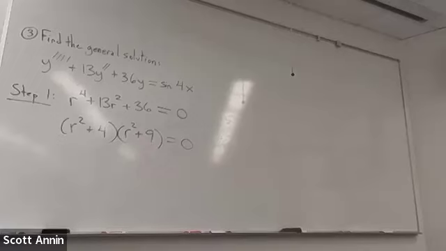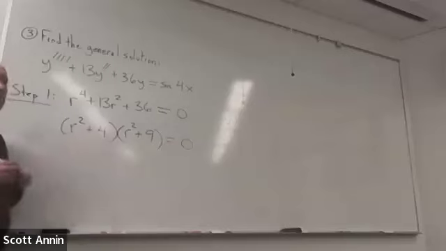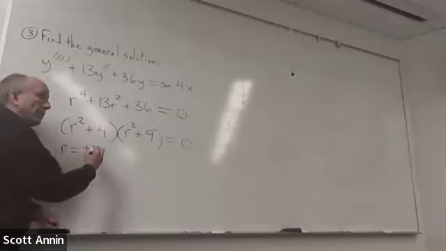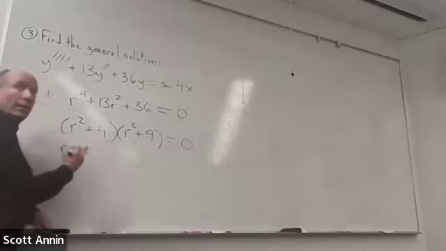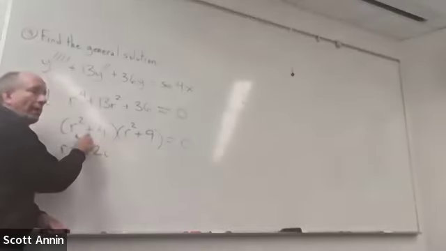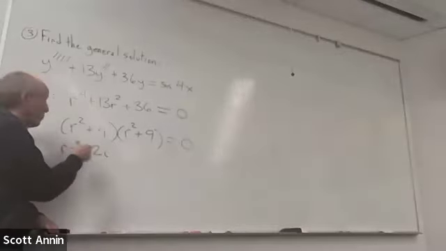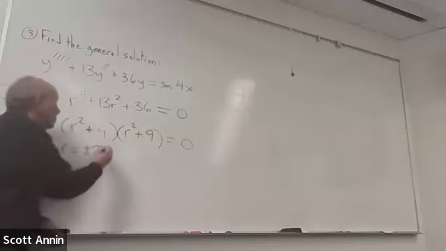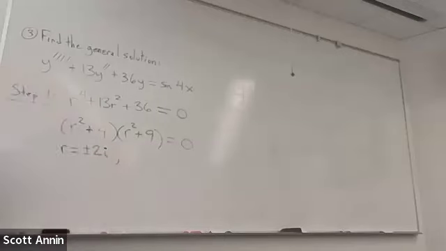Does anybody know what the roots of r squared plus 4 would be? Plus or minus 2i. If this was a minus 4, then it would have been plus or minus 2. Because of this plus, we have to go to the imaginary number i. Oh, you said 2i? I'm sorry, I just didn't hear you. Okay, plus or minus 2i.